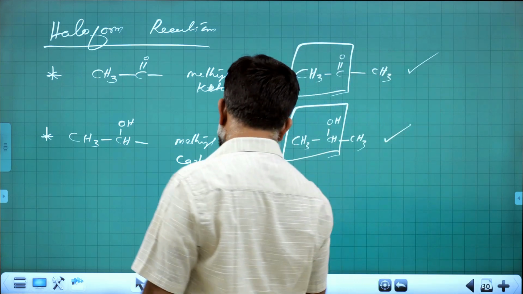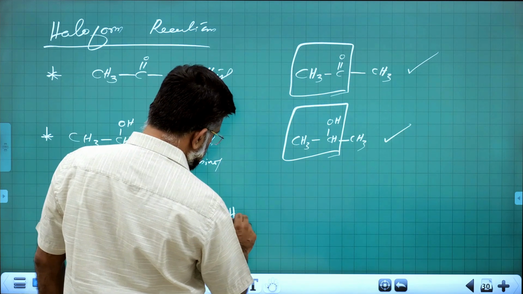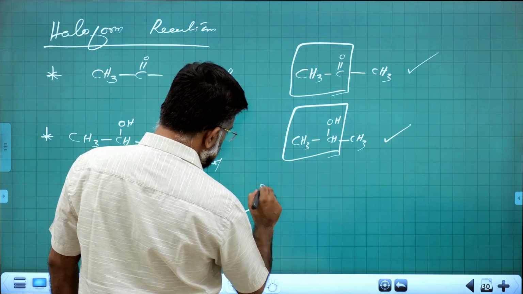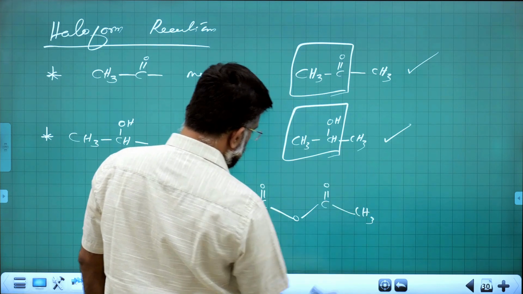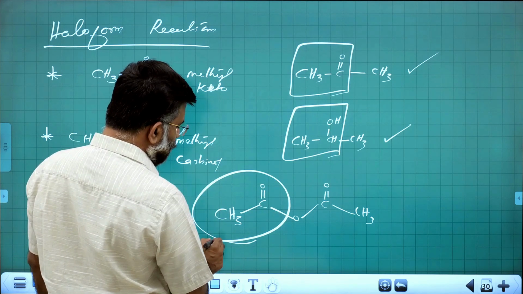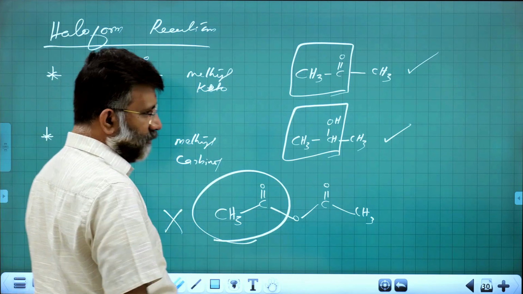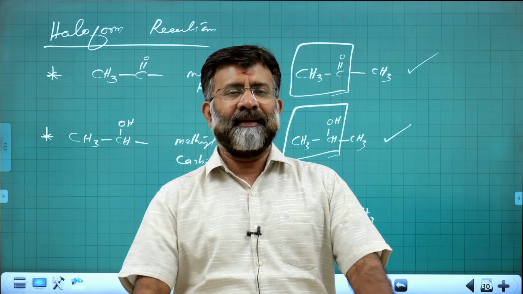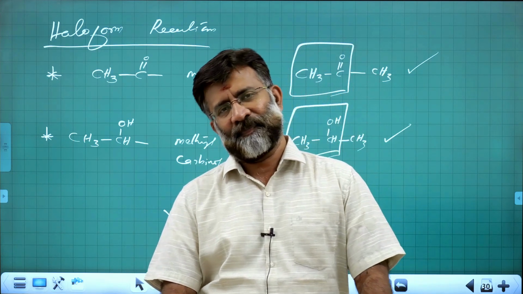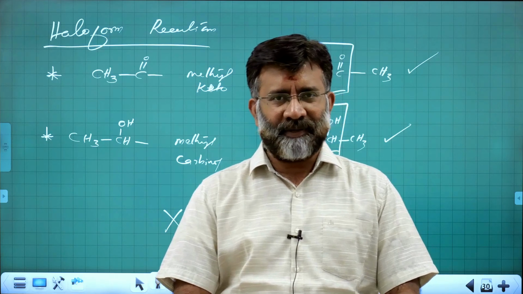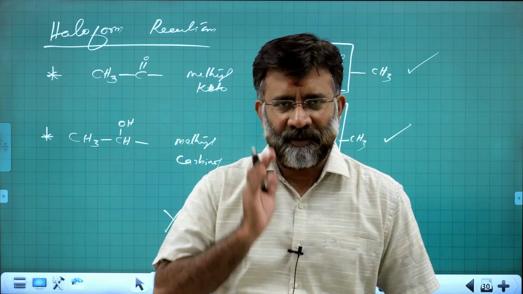But remember, if you are dealing with, say, acetic anhydride, which is an acid anhydride, there is a methyl keto group, but the reaction is not applicable because ultimately the haloform reaction is an oxidation reaction, and acids and derivatives are final oxidized products.